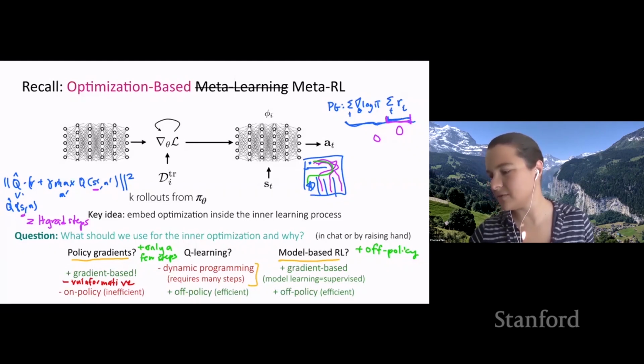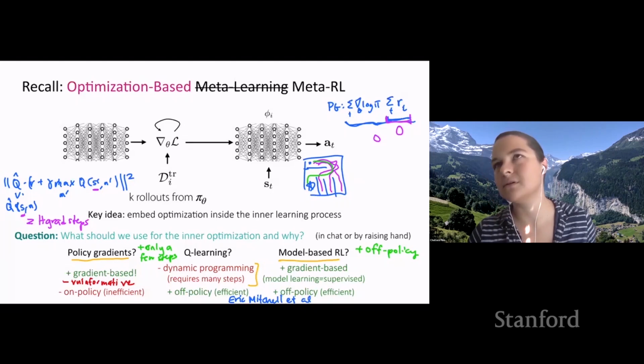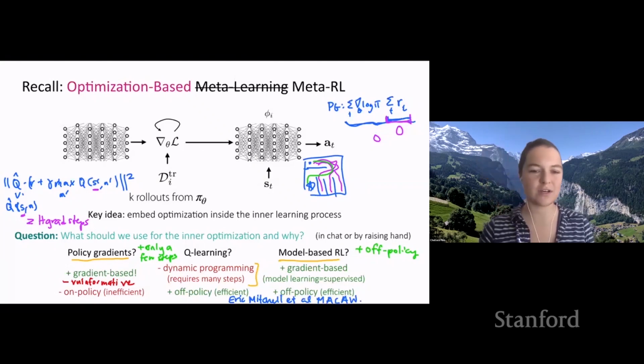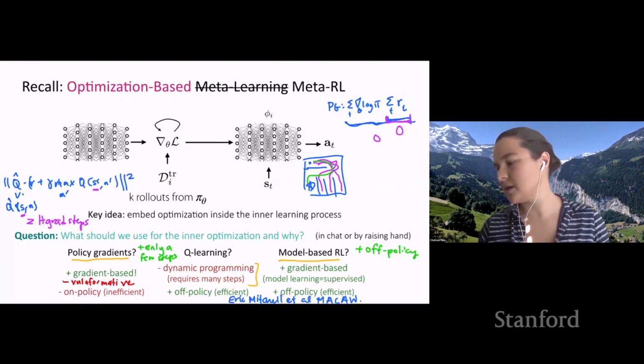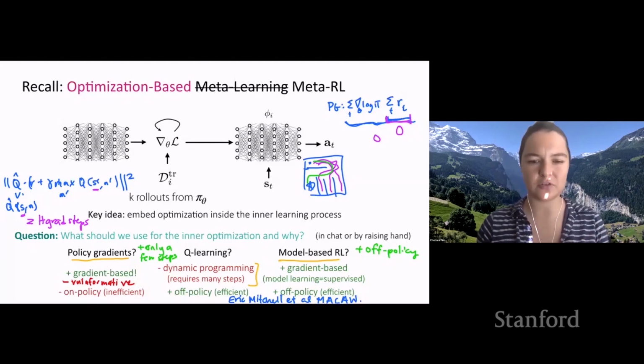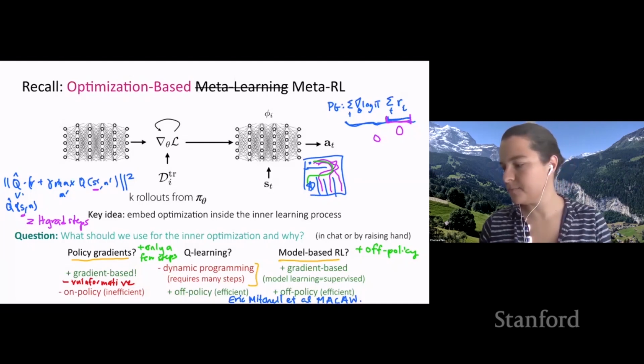If you're interested in looking more into this, one paper that you could look at is by Eric Mitchell et al. The name of the method is called Macaw, not quite a mammal, but close. It's using an advantage-weighted actor-critic algorithm and combining that with MAML.